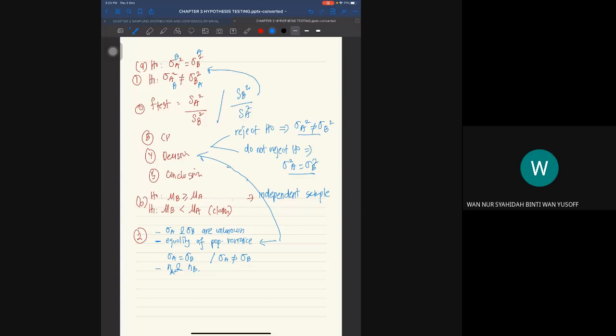The quiz 3 should be 3.3, which means independent sample and also dependent sample both. If it is next week, then it will be on Tuesday like what we did for quiz 2 before.